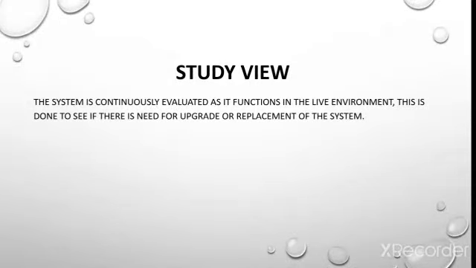Lastly, we have the study review, which is quite alike with maintenance. In the study review, the system is continuously evaluated as it functions in the live environment. This is done to see if there is need for upgrade or replacement of the system, like I said when I was talking about maintenance. Those comments you make when you criticize their app, maybe if it's a game and you tell them it's too slow, or the levels are hard, that they should make it better, or whenever you're playing the game it hangs.